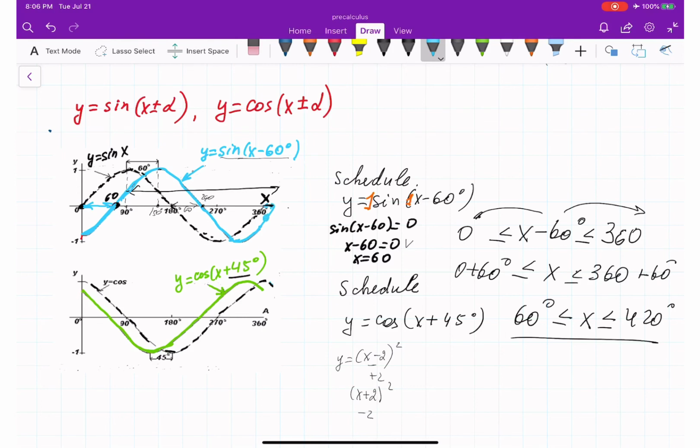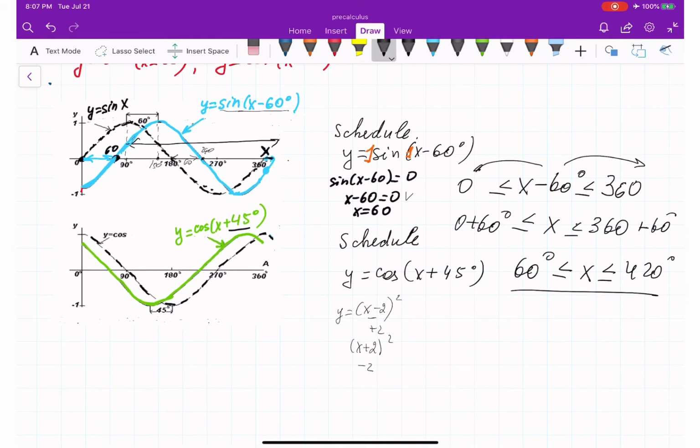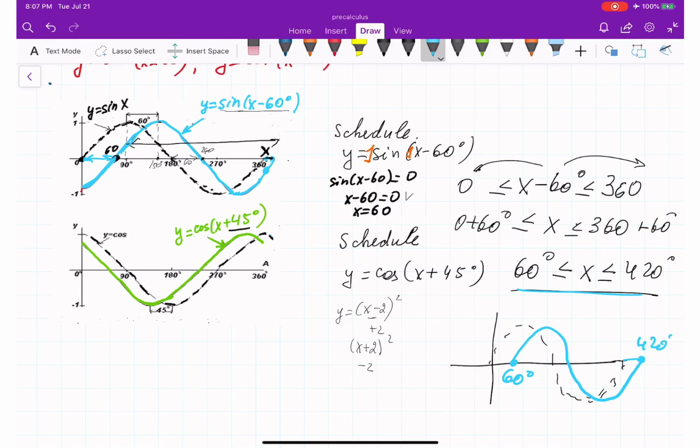Otherwise, if you would draw the graph without considering the condition of 360 degrees, it's going to look like this. If this is your sine x, then sine x minus 60 degrees is going to start from here and come here. And you can see the period starts at 60 and ends at 420 degrees.